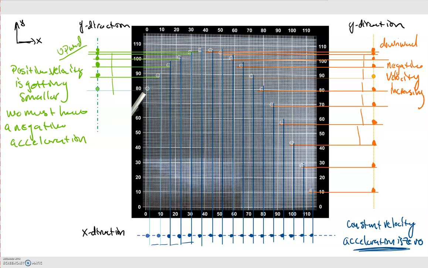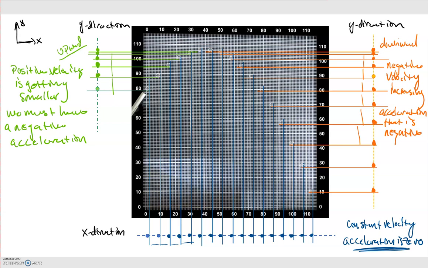And so if we have a negative velocity and that velocity is increasing, then we know that we must have an acceleration in the same direction. So we know that we must have an acceleration that is negative.